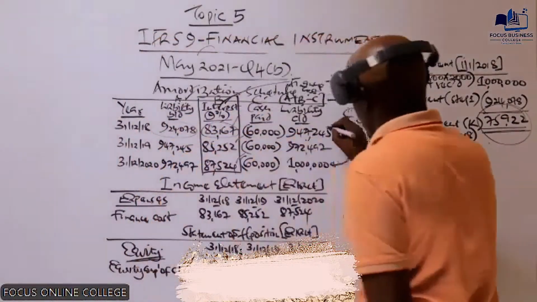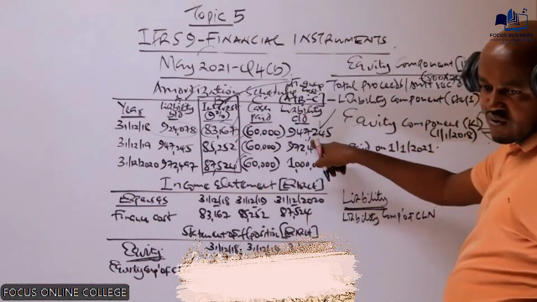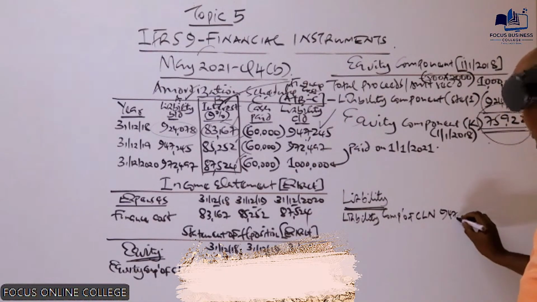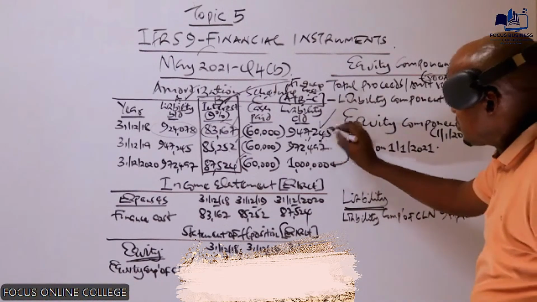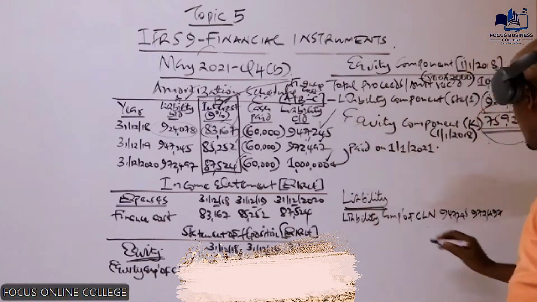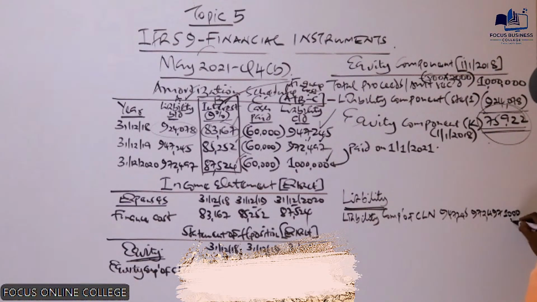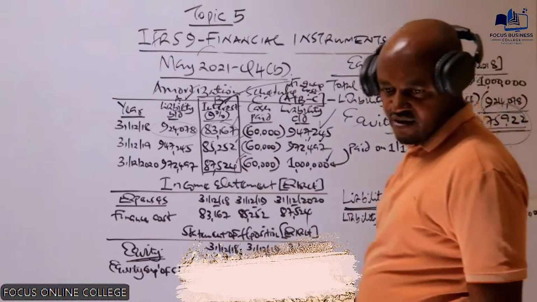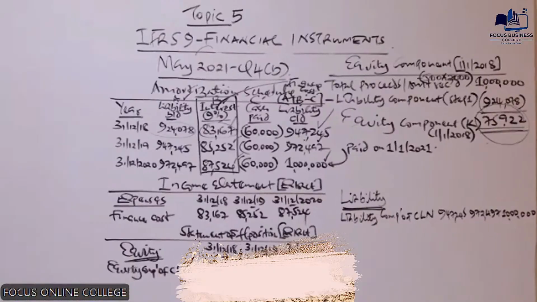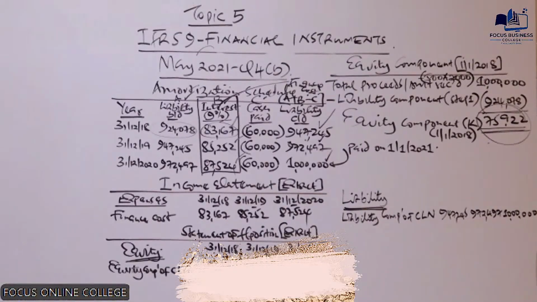So this is the liability which was supposed to be recognized in year 1: 947,245. Year 2, 972,497, and year 3, 1 million.